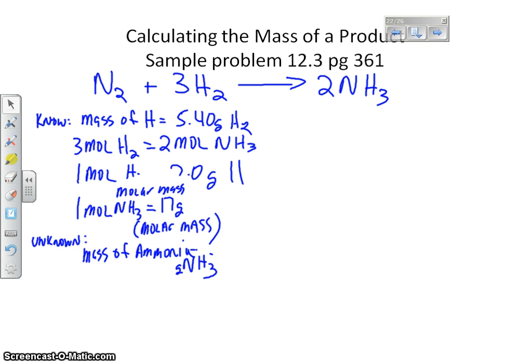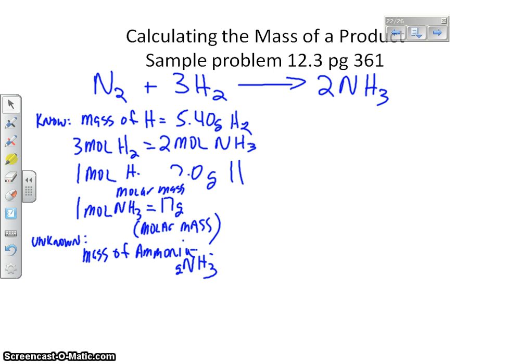Okay, we are going to use hydrogen in our calculations here because it tells us in the problem that nitrogen is our excess. So that is what's going to be left over because hydrogen runs out. Since hydrogen is a limiting reagent, we'll start with that.